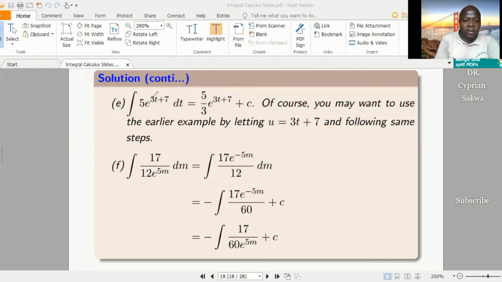So this is 5 over 3, and the rest remains. But if you want to do it the same way we did the other example, you can still do it, where you would say let u be 3t plus 7. And remember that after doing this, you have to differentiate both sides to get du equal to 3dt.